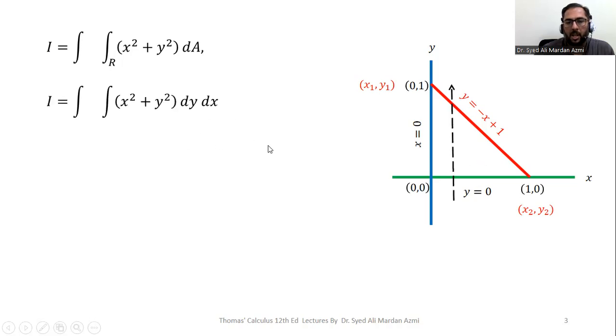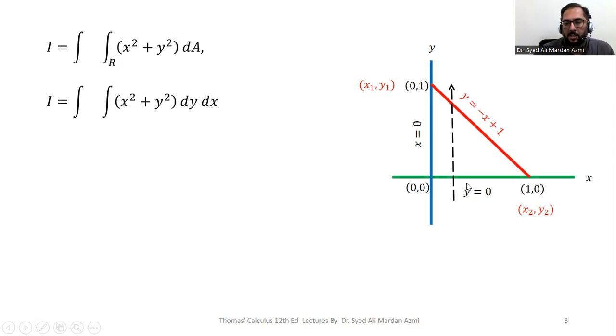Then we have to check which variable is suitable for the inner variable and which for the outer variable. For the inner variable, I have selected y, and in order to calculate the limits of y, I have passed a vertical arrow through this region.